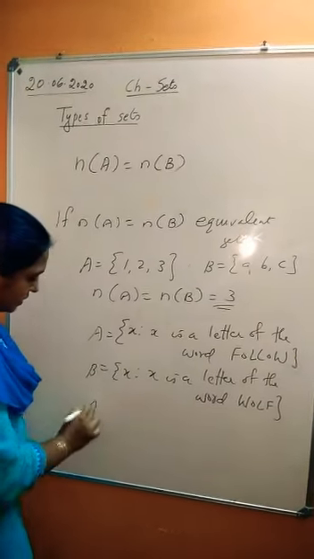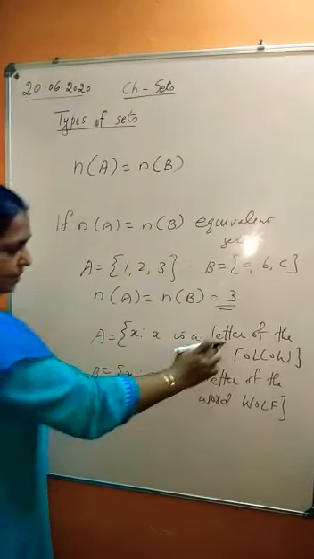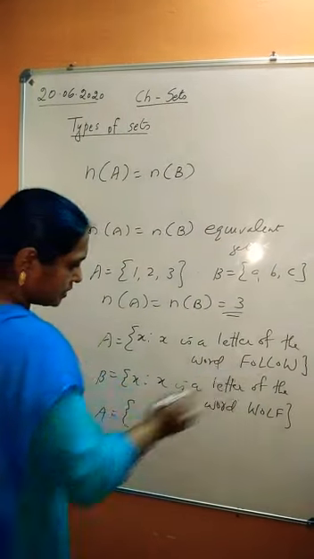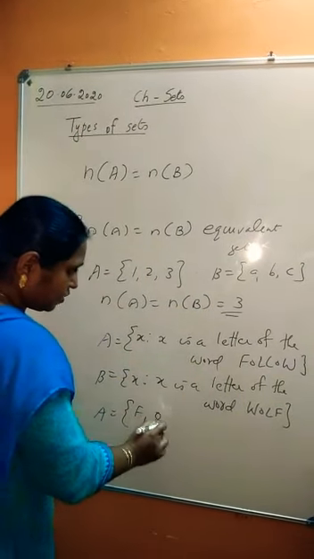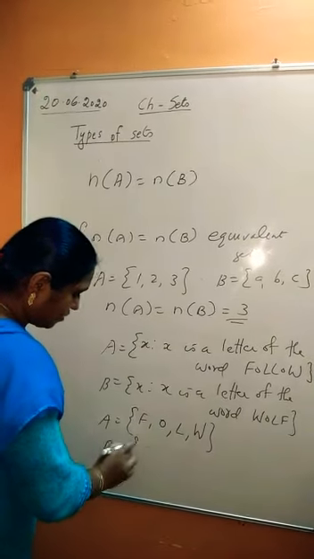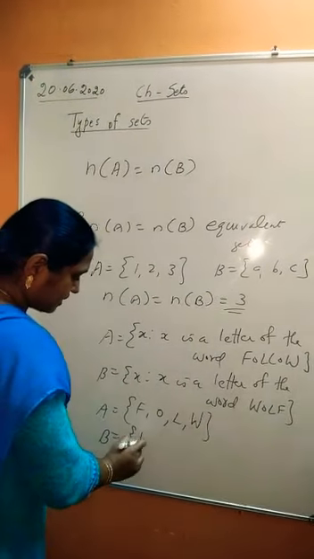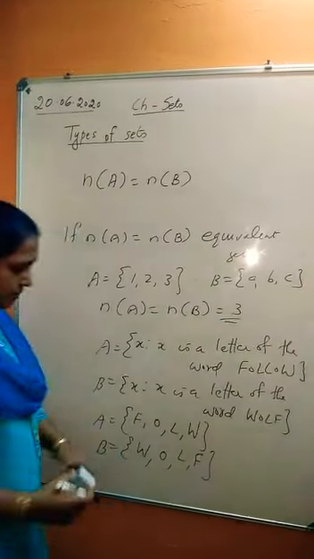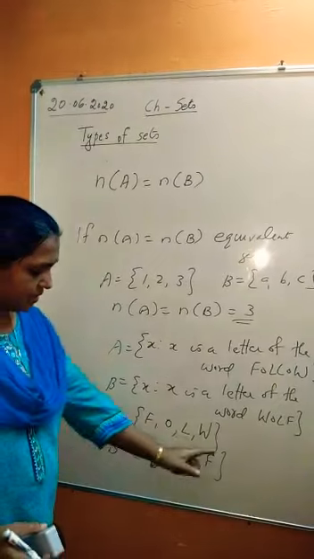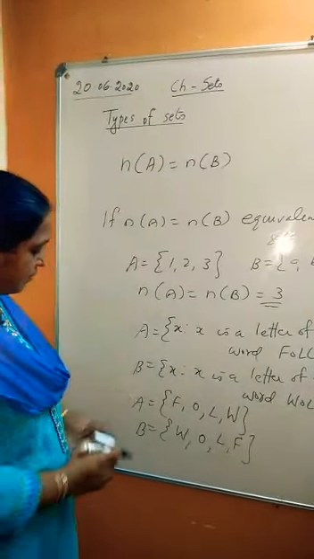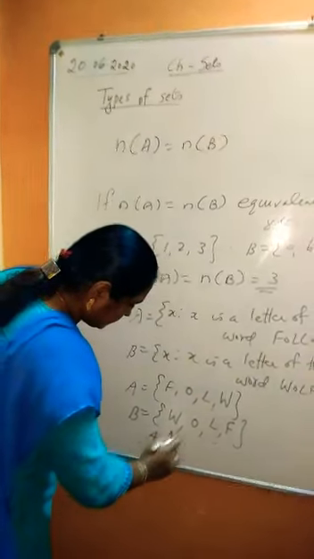In both cases, if we write the elements in roster form, we take the distinct letters, since elements are not repeated in a set. Which are the distinct letters here? F is there, O is there, L is there, W is there. In the same way, if we write B in roster form, we can see that the same elements are there: W, then O, then L, then F. Elements can be written in any order, but we can see that in both sets the elements are the same. So here A and B are equal sets.